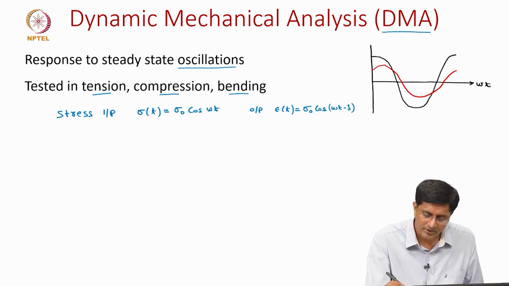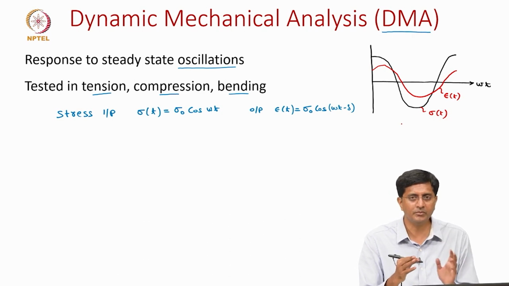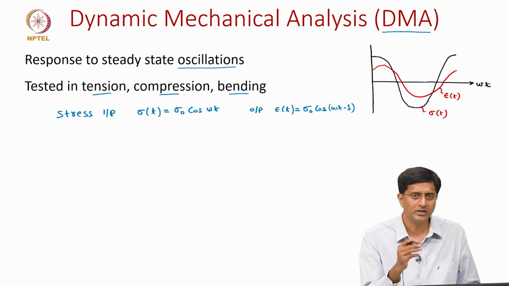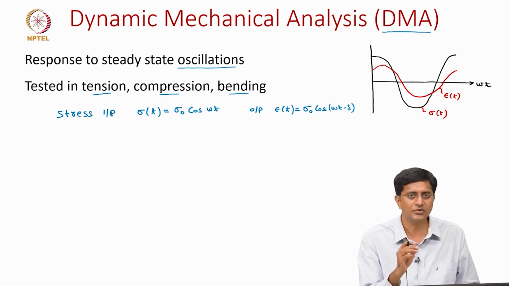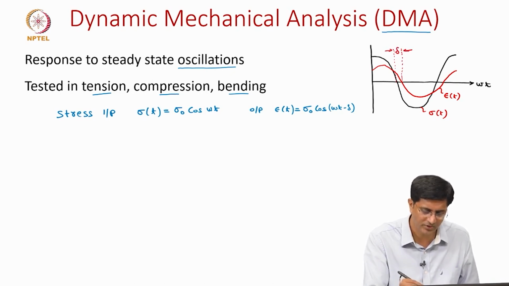The one in red is the strain output and the one in black is the stress input. We see that both of them have the same frequency, which means the wavelength is the same, but the peaks, or the times at which they reach 0, are different, and that difference is represented by this delta, or the phase lag.